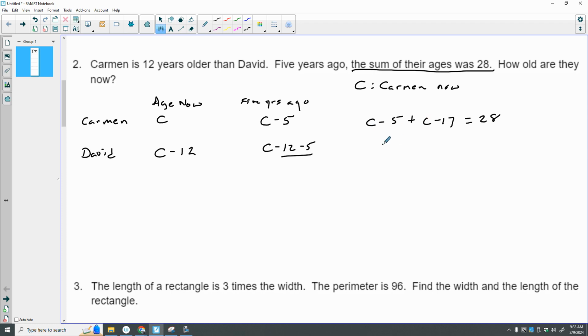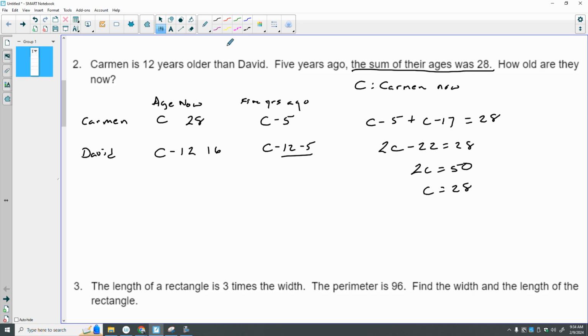1C plus 1C is 2C. Negative 5 minus 17 is a negative 22. Add 22 to both sides. Divide by 2. And right now, Carmen is 28, which means David is minus 12, so 16.